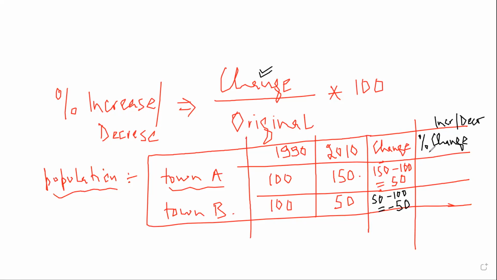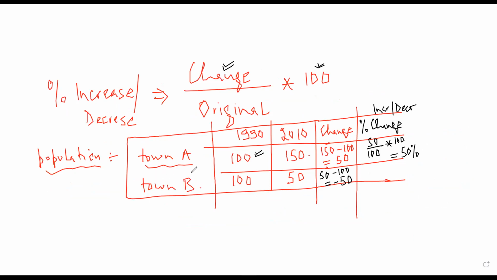So if the change is positive, change upon original into 100, here you will see 50% increase. Sarthak, any doubt? No, sir. But if you take town B, here it is a negative change. So the percentage would also be negative. Sarthak, any doubt? No, sir. So there is a 50% decrease.